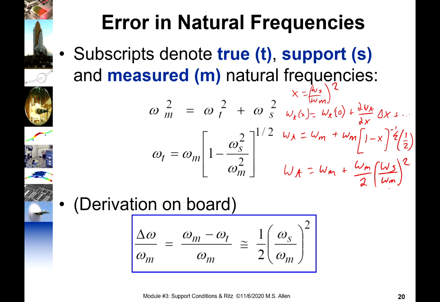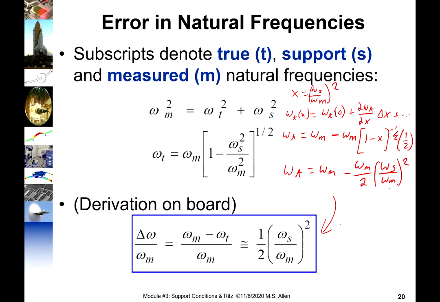Oops, and we'll have a negative sign on that. We get a -1 that will creep in here due to the derivative of the inside. All right, so anyway, that eventually lets us write this equation here.